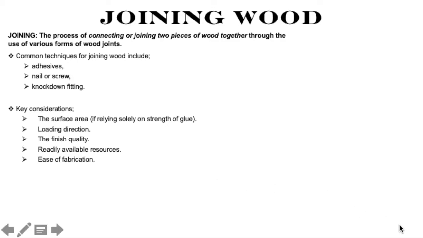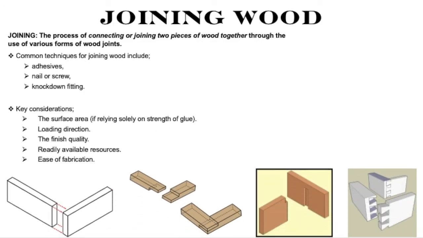The reason why I was saying surface area is important is if you look at a butt joint and compare it to a lap joint, and you rely only on the strength that you get from the glue. The lap joint will be stronger than the butt joint because there is a lot more surface area to which you apply the glue on the lap joint compared to the butt joint, and that translates to additional strength.